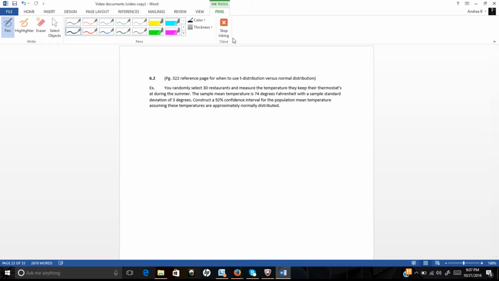So first of all, if you're looking at your normal distribution table and those critical values, like we did in section 1, you'll notice that the 92%, 0.92, is not one of them that's already given to us. So what that means is we're going to have to solve for the critical value using our normal distribution table. We can think of it in terms of our normal curve.